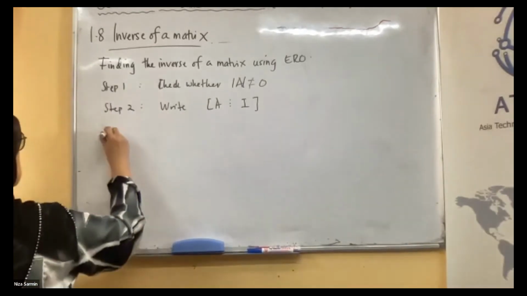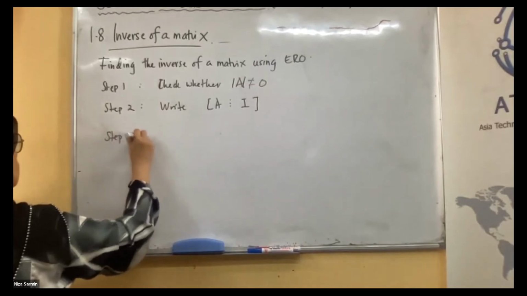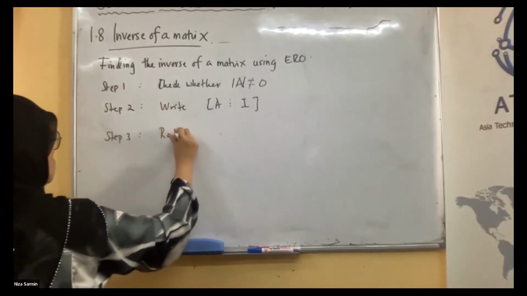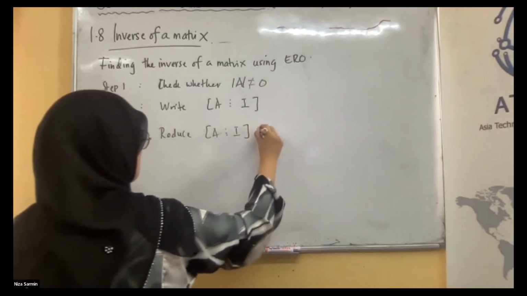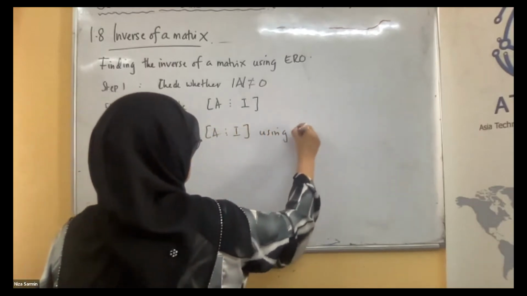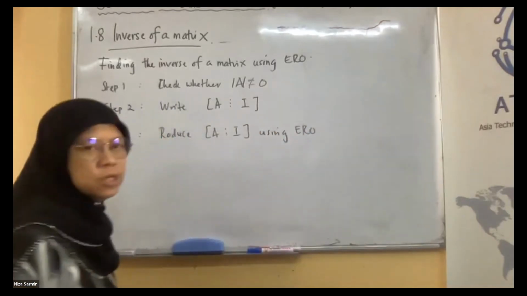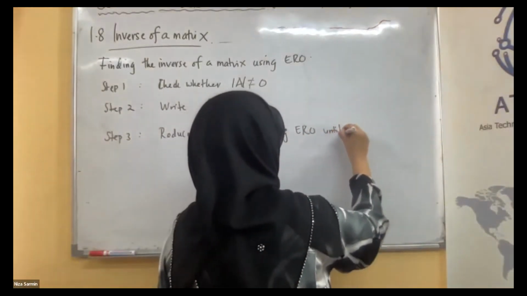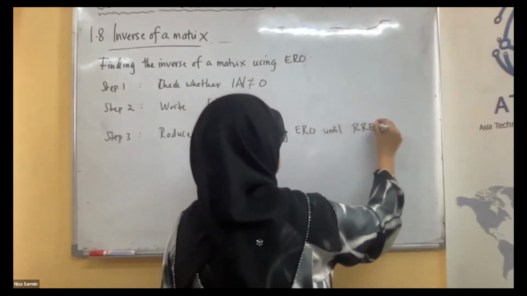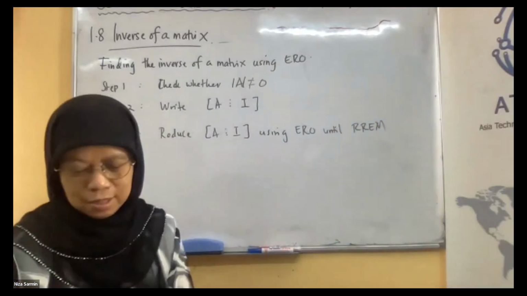Now the third step: reduce [A | I] using elementary row operations until we get the reduced row echelon matrix.